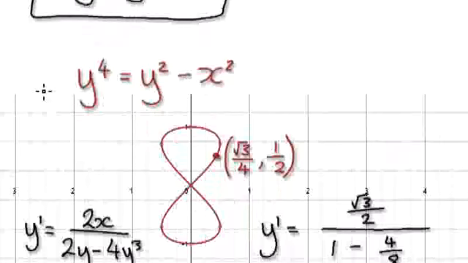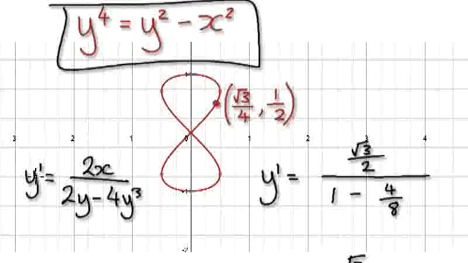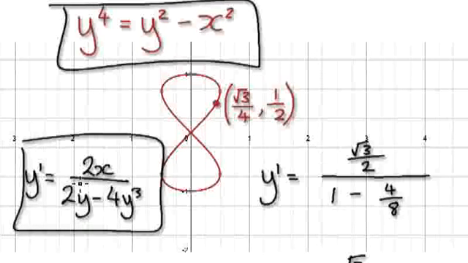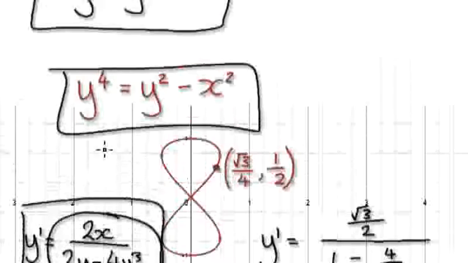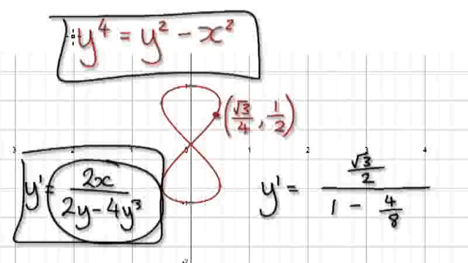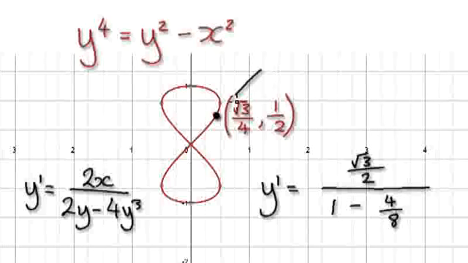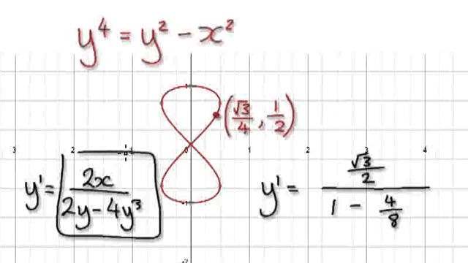So originally we were given this equation. Differentiate it, and it will give us y prime equals this thing here, which is what we just worked out earlier. Now we want to know the gradient at this point, because we want to draw a tangent line that just touches this. The gradient is given by this bit here.